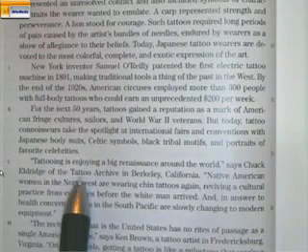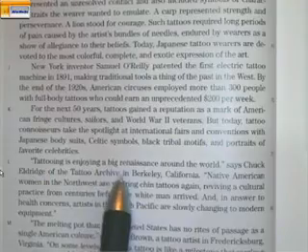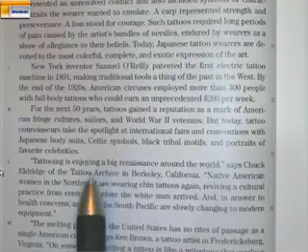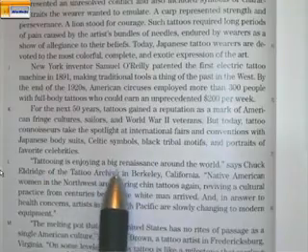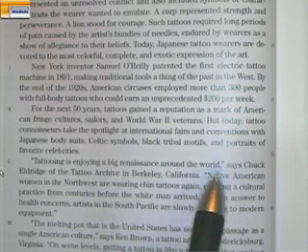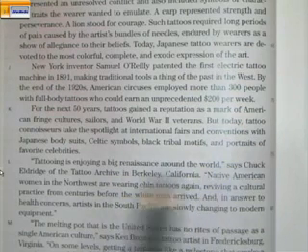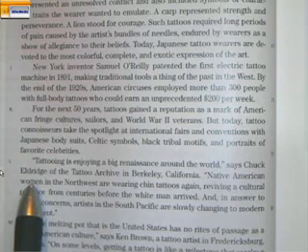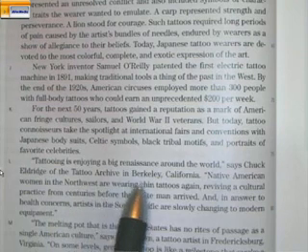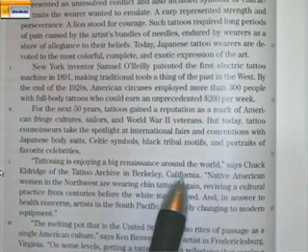Tattooing is enjoying a big renaissance around the world, says Chuck Eldridge of the Tattoo Archive in Berkeley, California.